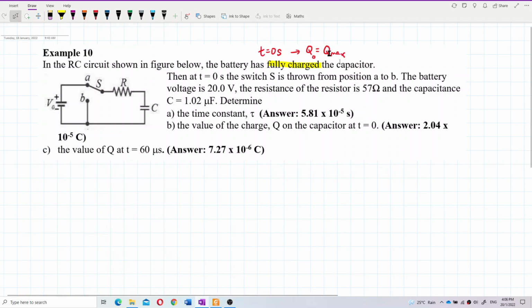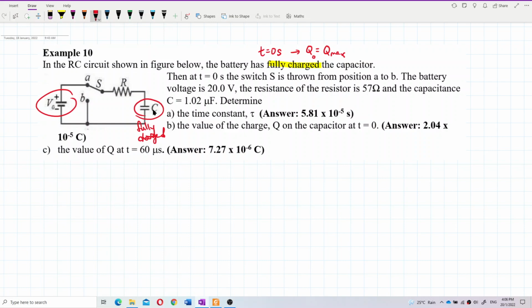Then the switch goes from A to B, because initially the switch is connected to A, so the battery is connected to the capacitor, and that's why it is fully charged.